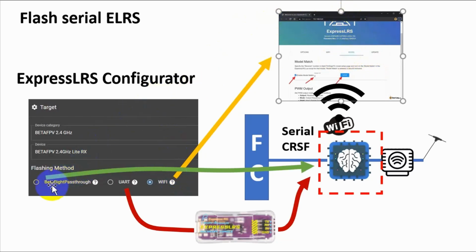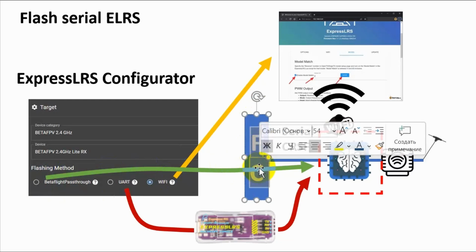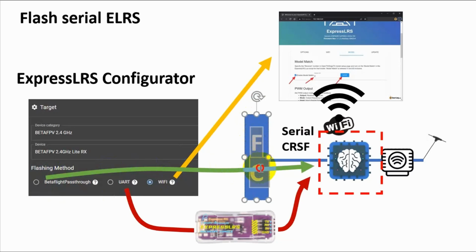Okay, the other version. If we use Betaflight pass-through, what does it mean? It means that your computer connects to the flight controller via a typical USB connection, like when we connect to Betaflight. So ExpressLRS communicates to the flight controller and asks it, please convert to a bridge. Then the flight controller chip converts to a bridge and gives access from the computer to the actual chip via the serial interface, and we continue flashing.